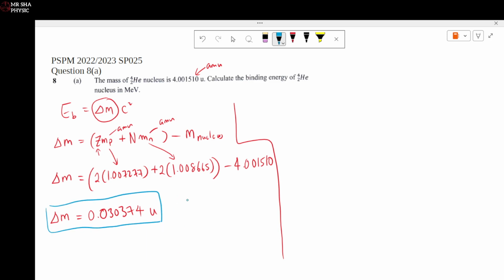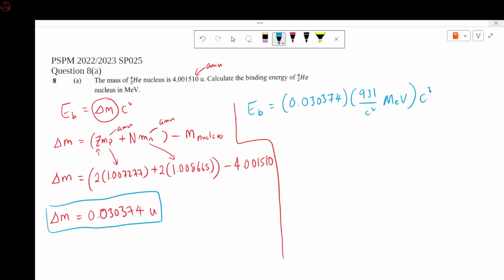And then from there, I can calculate the binding energy. I can convert into MeV, so I'll have 0.030374 times 931.5 over c square MeV.